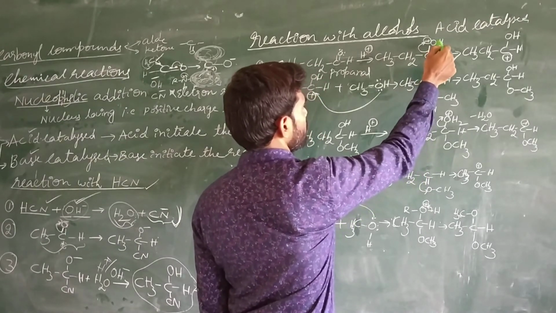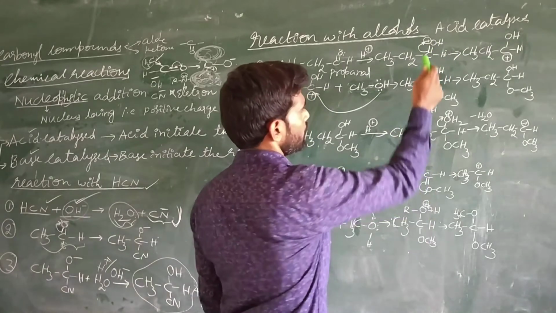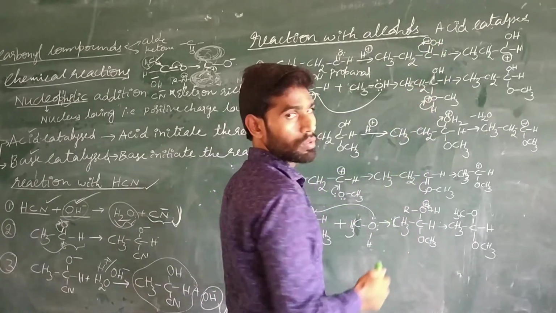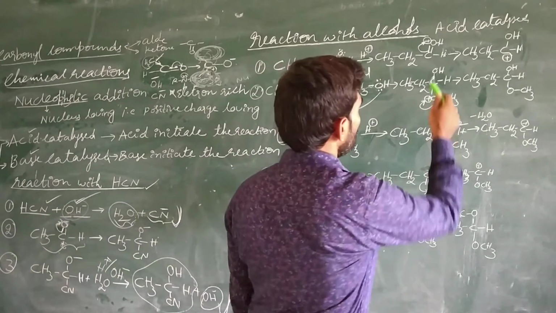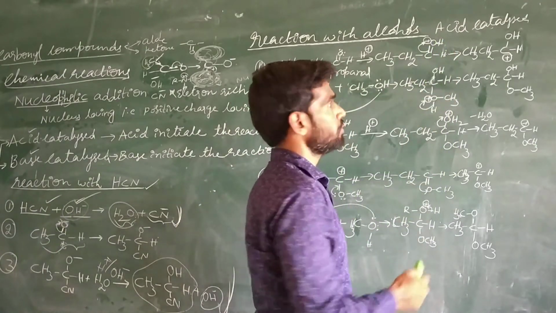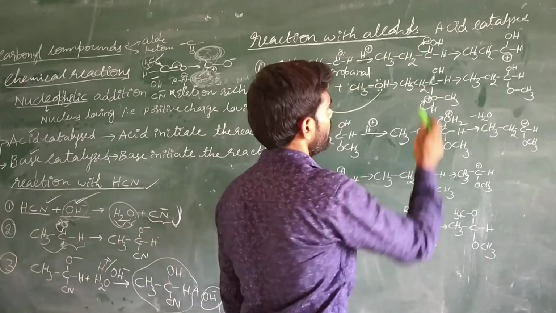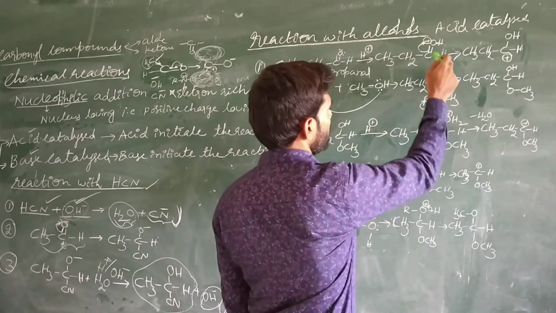Oxygen has three bonds. We can see 1, 2, 3. Oxygen's valence is 2, and now it has formed 3 bonds, the third bond with the hydrogen atom. So it is unstable, and oxygen is more electronegative, and the pi electrons are accepted by the oxygen atom.